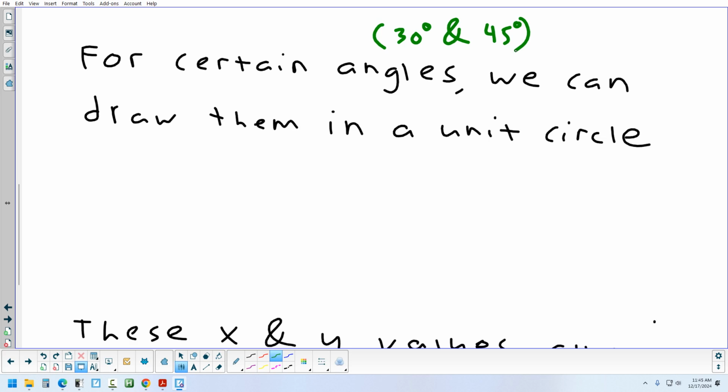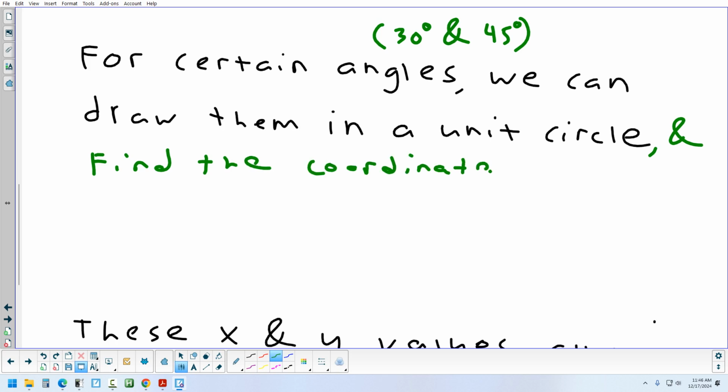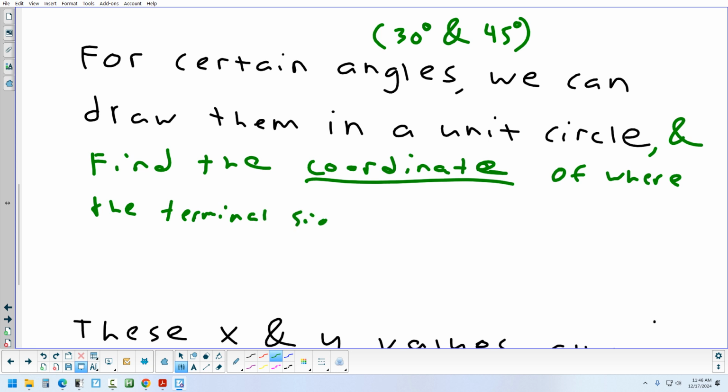So 50 is not one we would do. But anything that's a multiple of 30 or 45, we can draw them in a unit circle and find the coordinate of where the terminal side hits the circle.